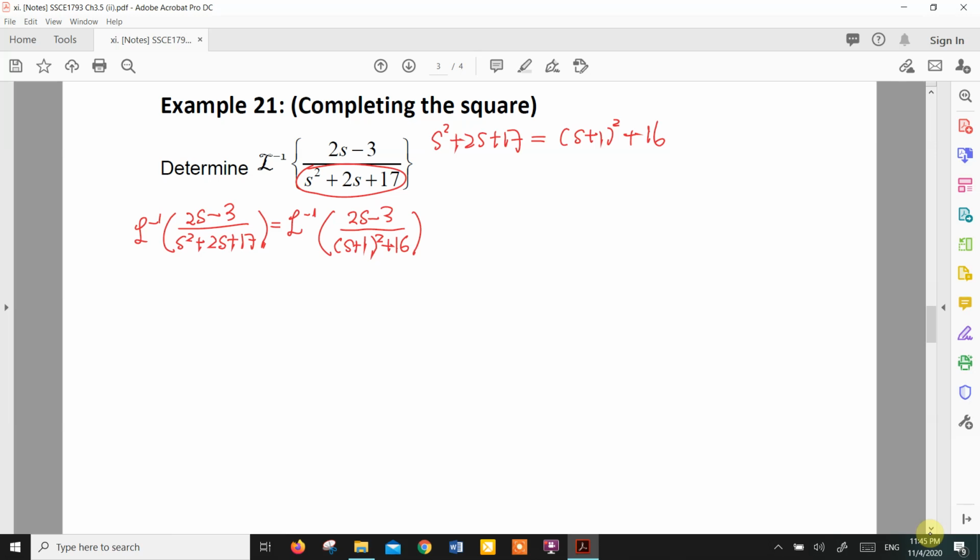So you have to do some rearrangement in order to have s minus a at both the numerator and denominator. Because this is mapped to the inverse of F(s minus a), and we have this s plus 1 here.